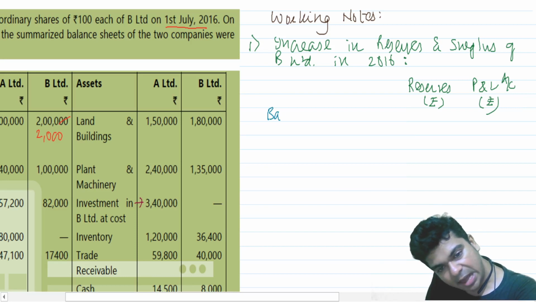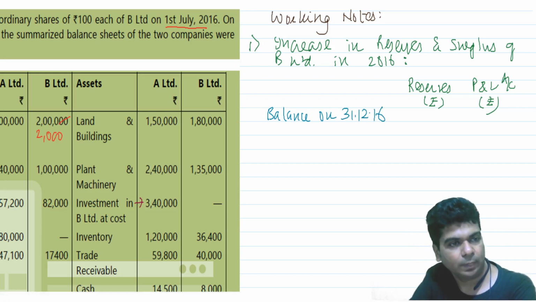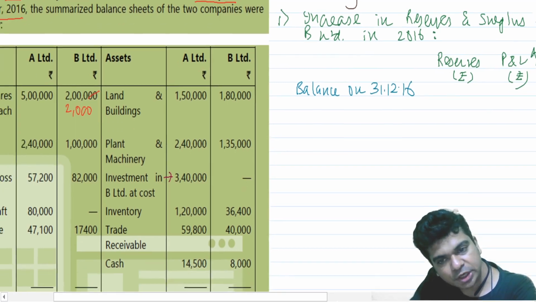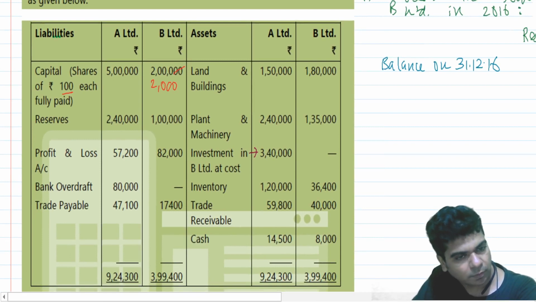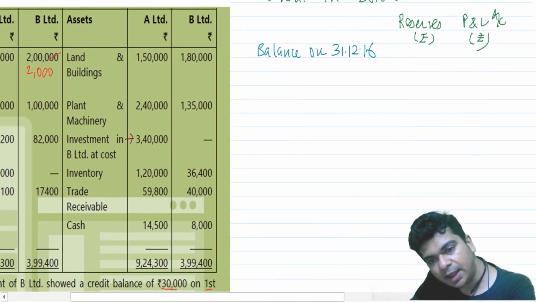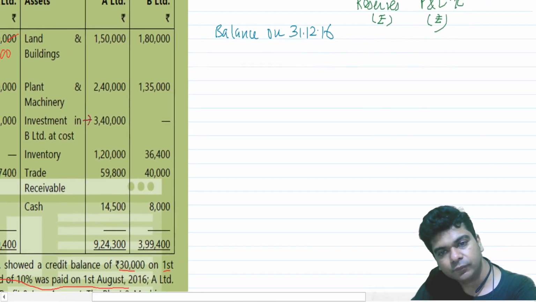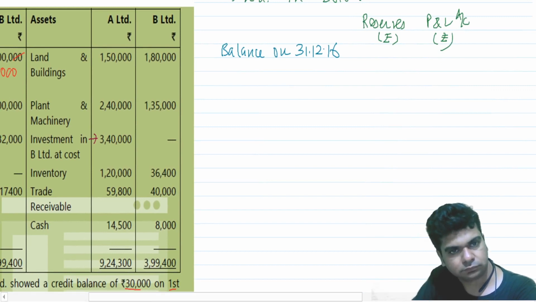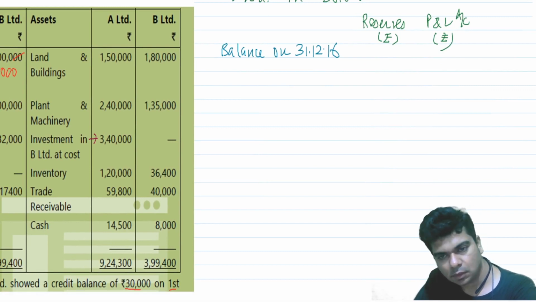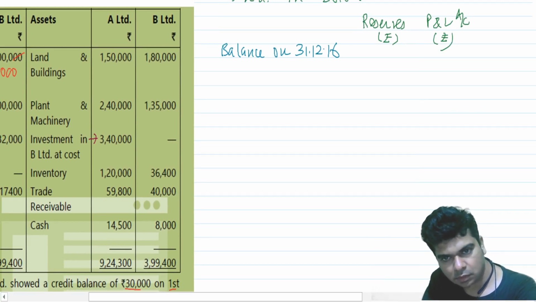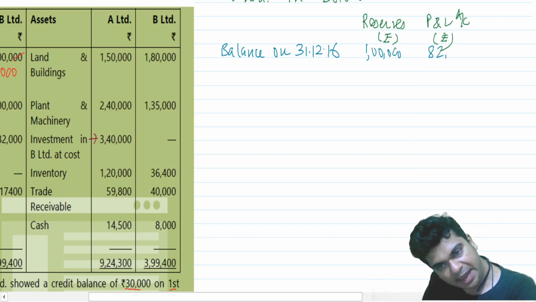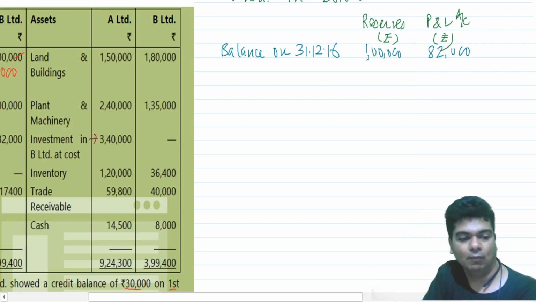I will say balance on 31st December 16. Check the balance sheet. 1,82,000.